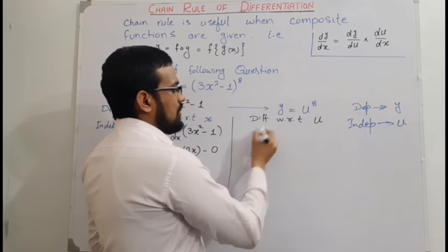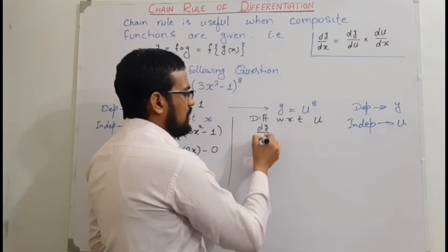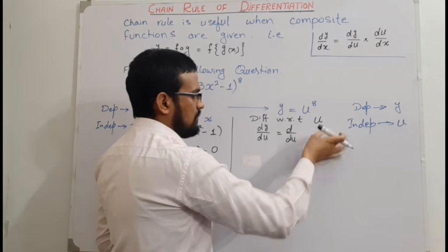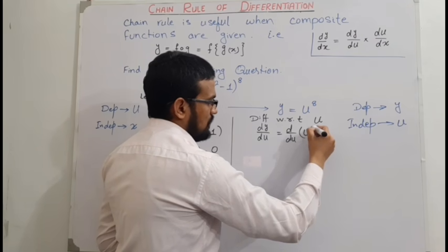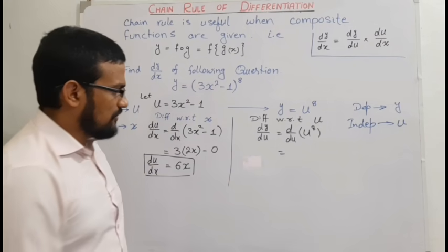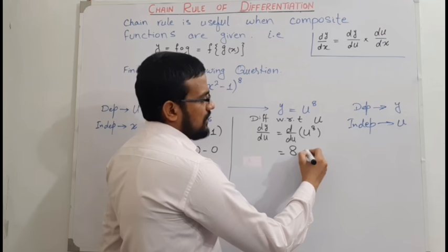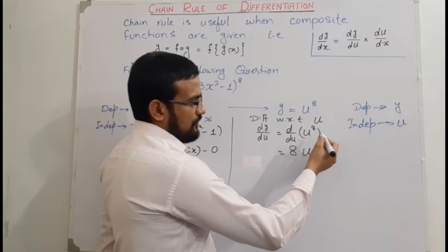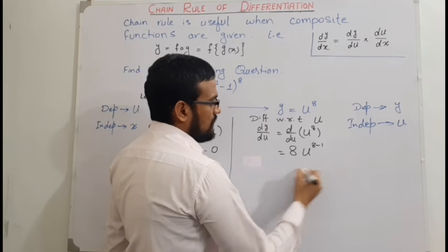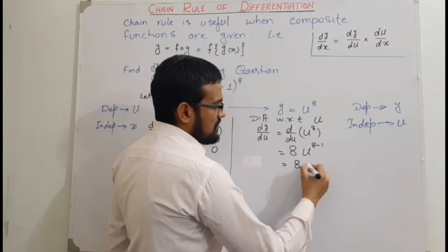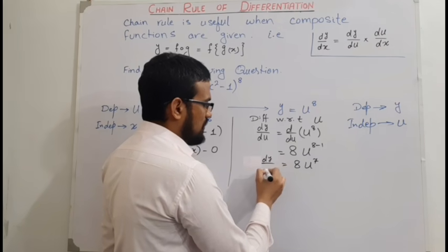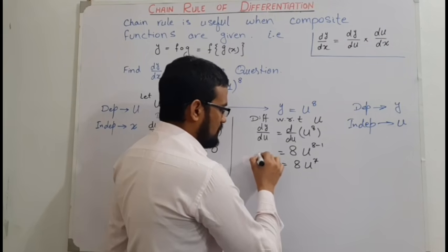It means dy over du. According to the simple power rule, the power 8 becomes a multiple and the power is decreased by 1. It means 8u raised to power 7. This is the result of dy over du.